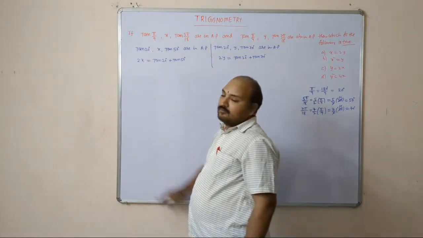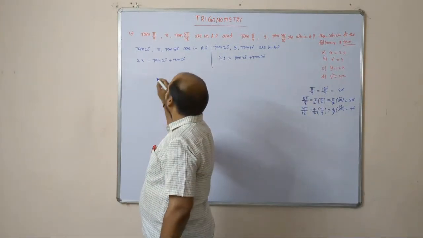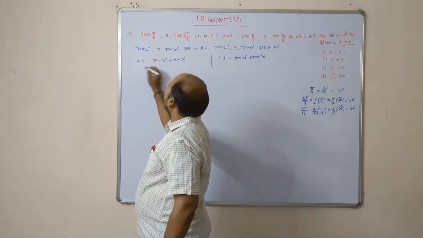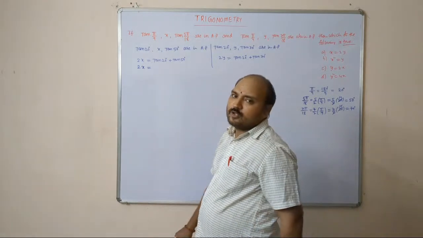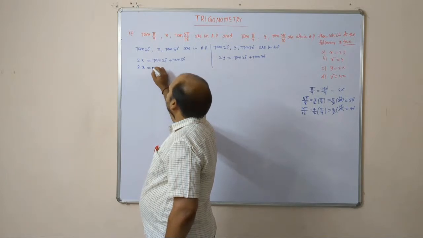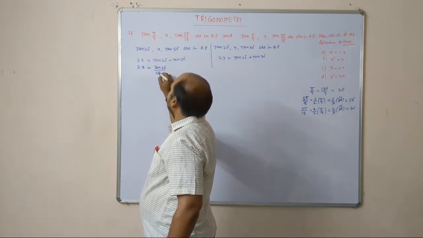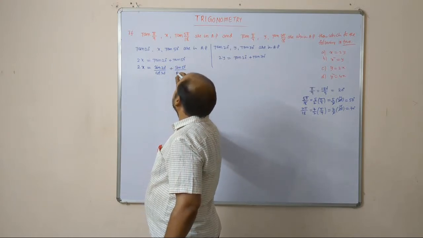Here the tan 70 value is there. First I am converting everything in terms of sin and cos. 2x is equal to sin 20 divided by cos 20 plus sin 50 divided by cos 50.